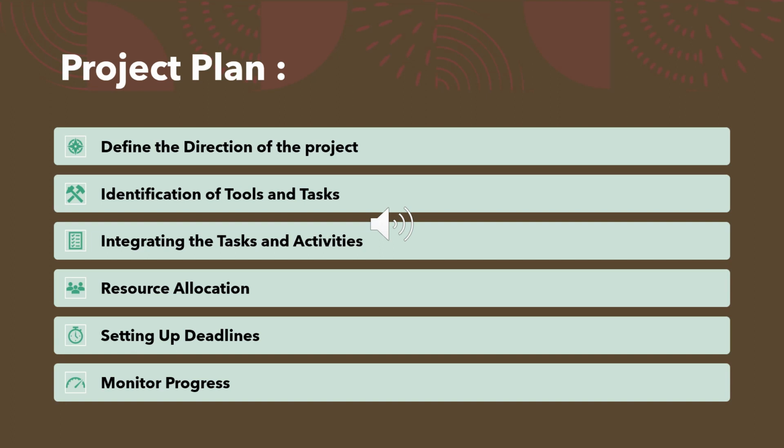The next thing is identification of tools and tasks that are related to the development of software, in this case. So here we are developing an application which analyzes the gain and loss of a particular customer's trading.